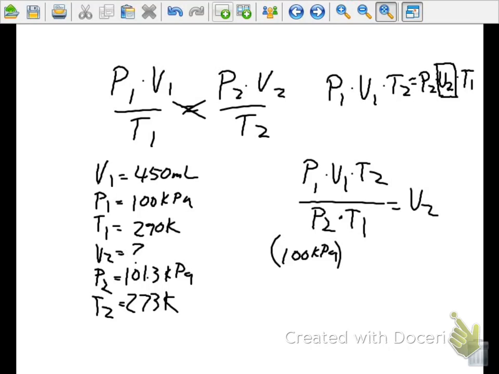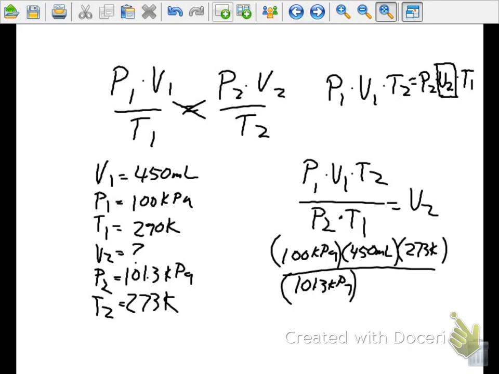Volume, 450. This is where students make the mistake. They'll put 290 in, but T2 has to be 273. Hopefully you won't make that mistake. Then P2, 101.3, and T1 is 290. Then you got your answer.